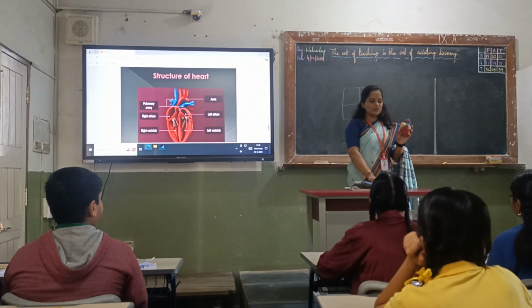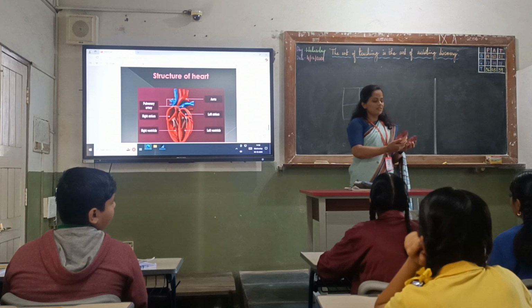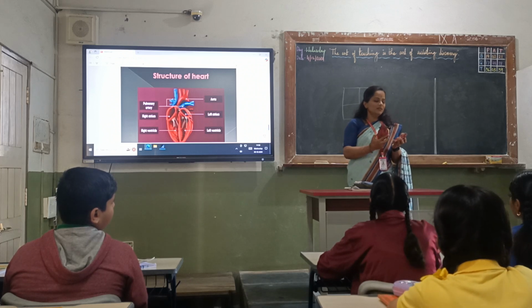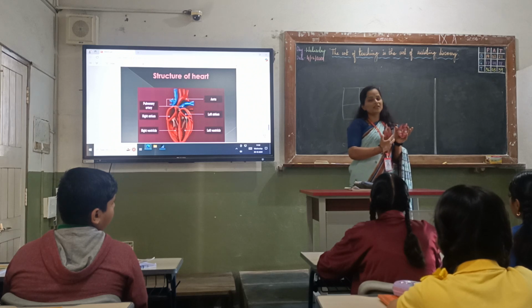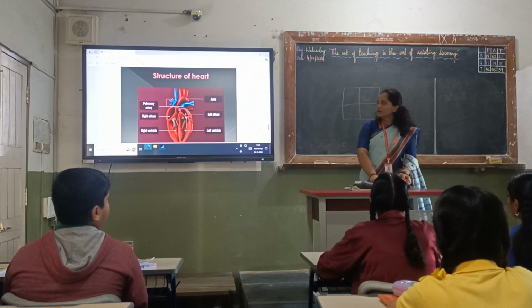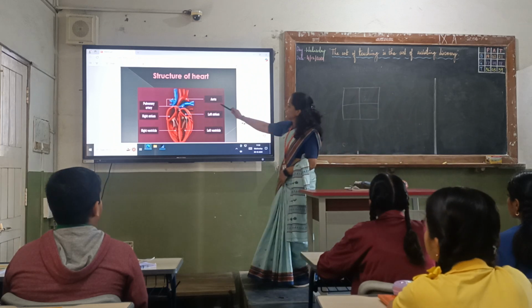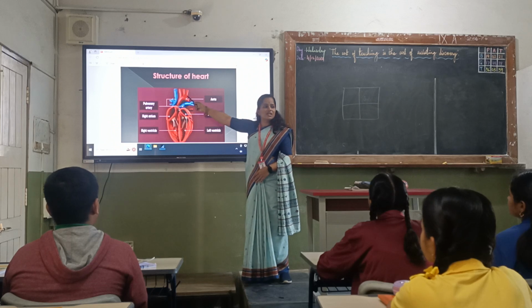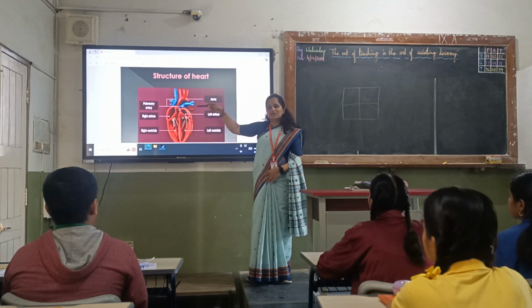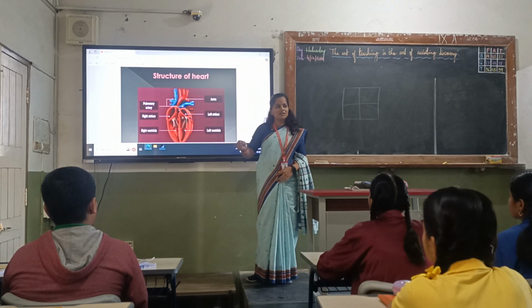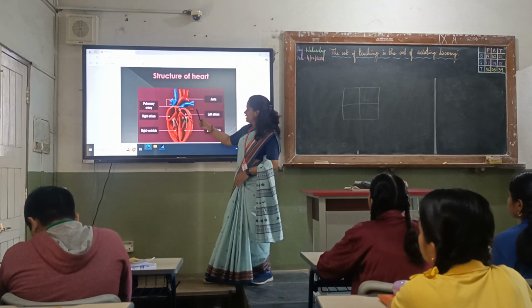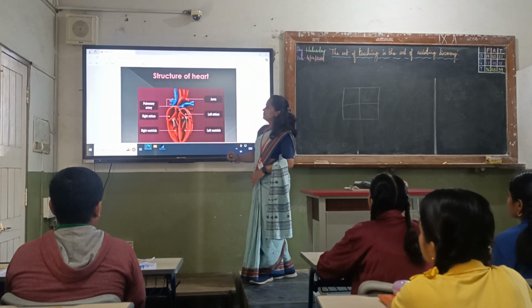You can see here also the heart, and inside that there are chambers, right and left, carrying oxygen-rich blood to all parts of the body. Then the pulmonary artery, you can see.